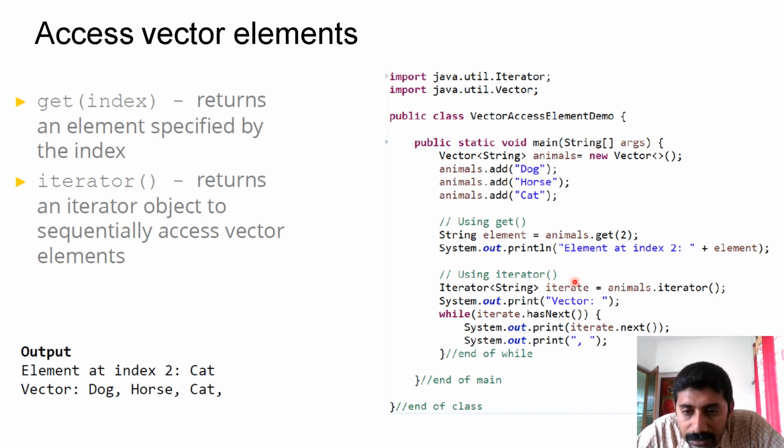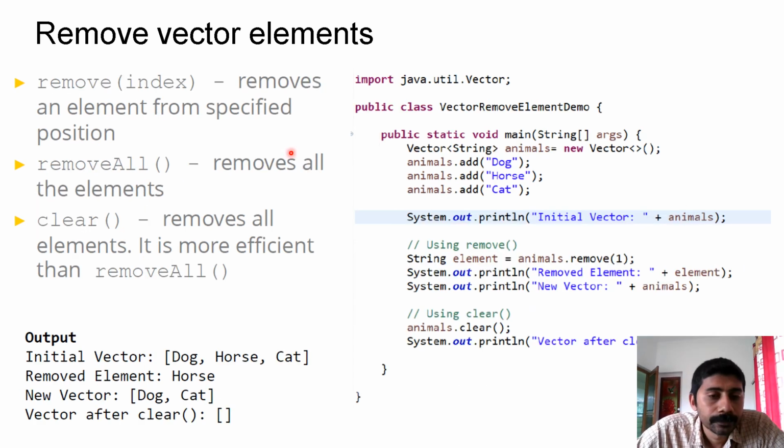Now using this reference, iterator.hasNext, I can access elements one by one till the end. Using this method you can access each element of the vector. This is a common way to access many things in the collections framework. We will familiarize ourselves with this in the third module.